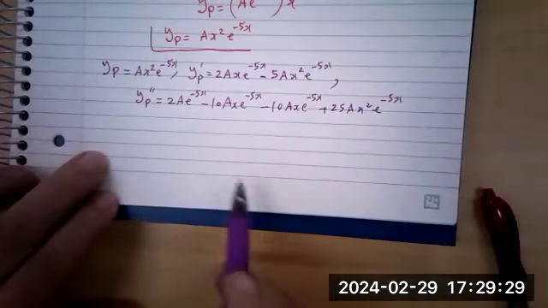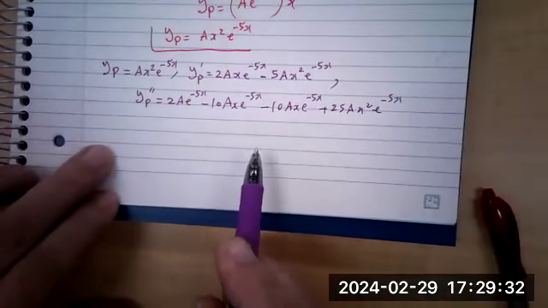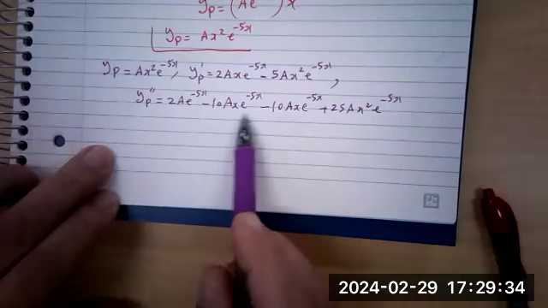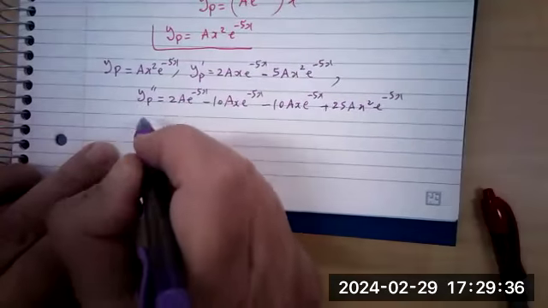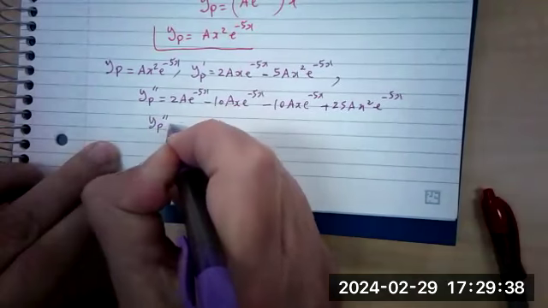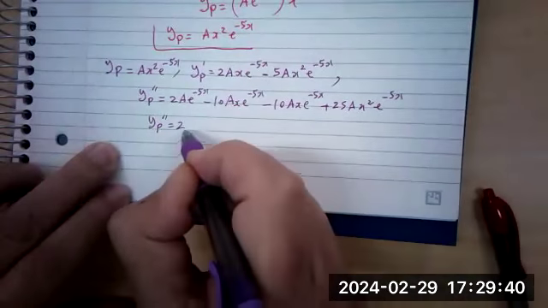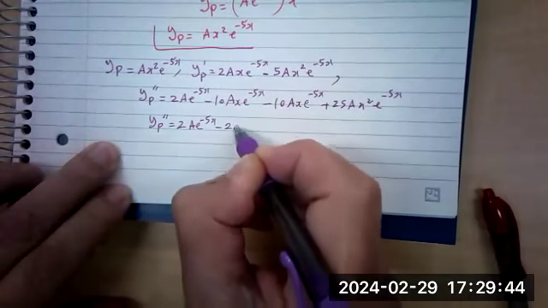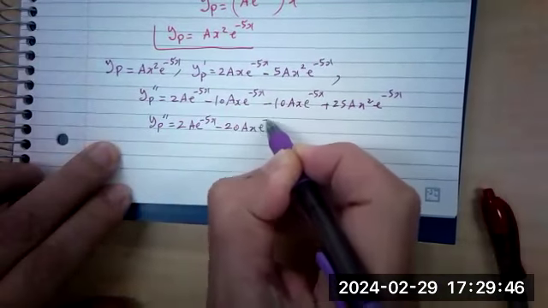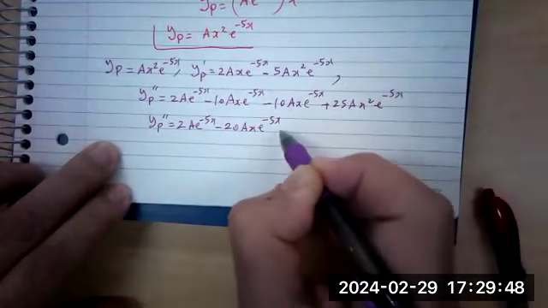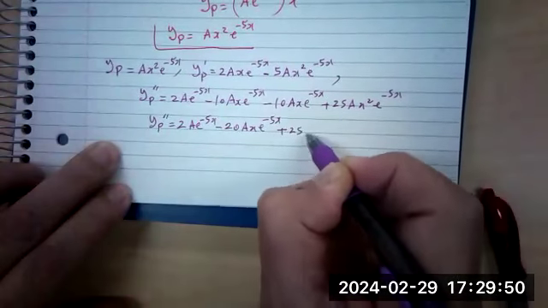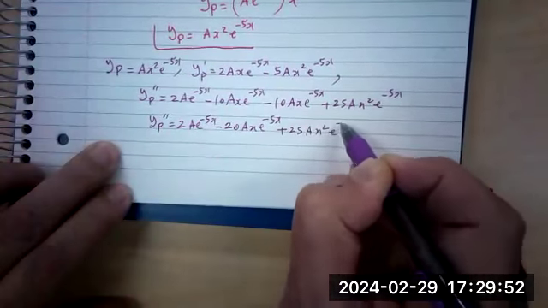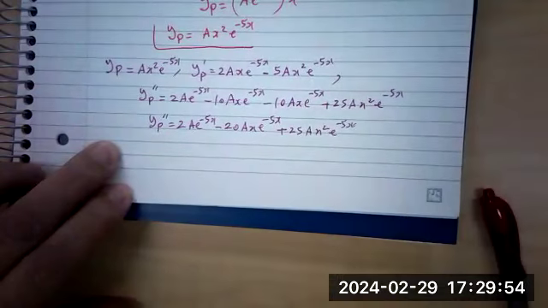Okay, and there is always something that you can simplify. These two, simplify them. So y double prime would be 2ae to the -5x minus 20ax e to the -5x plus 25ax squared e to the -5x.